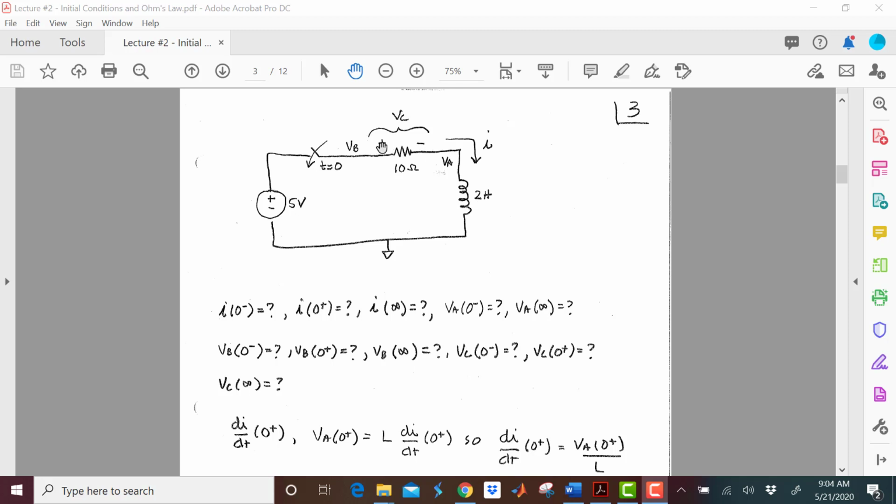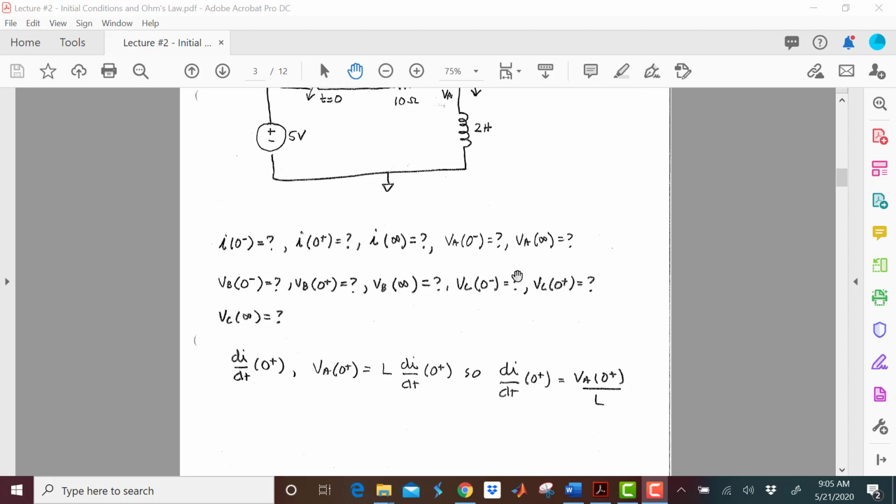And so I have 0 volts for VC of 0 plus. VC of infinity, I got 5 volts here. I got 0 volts here. Looks like 5 volts for VC of infinity.